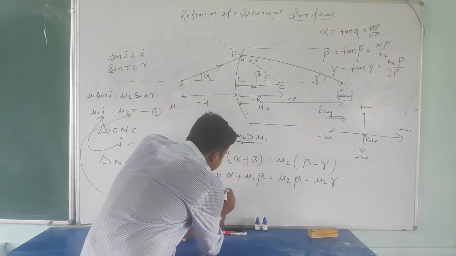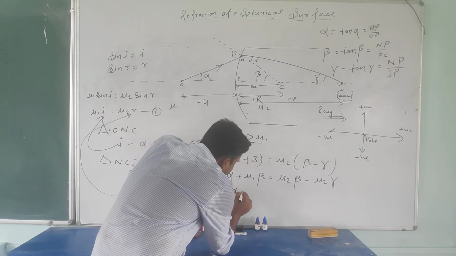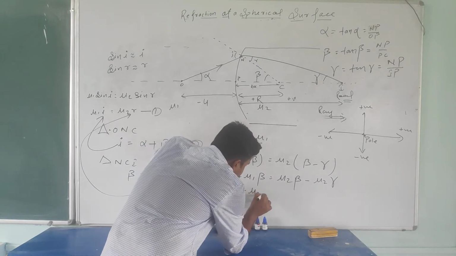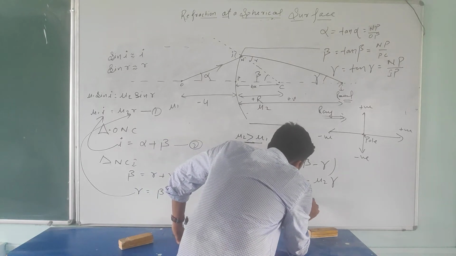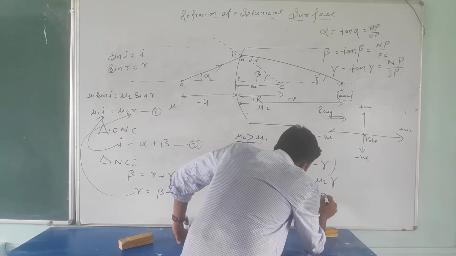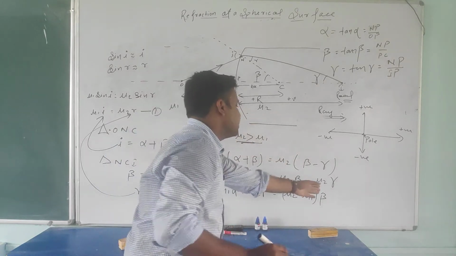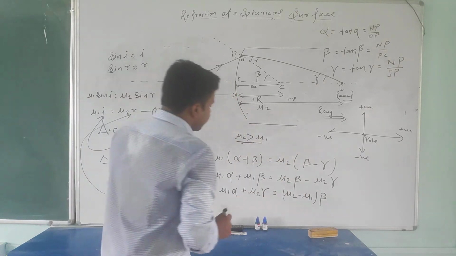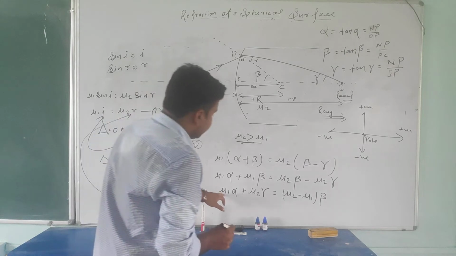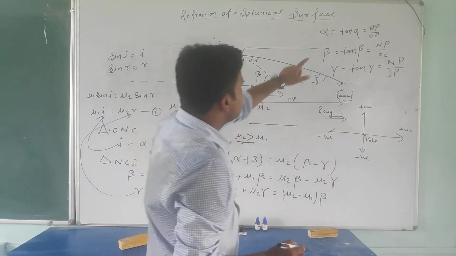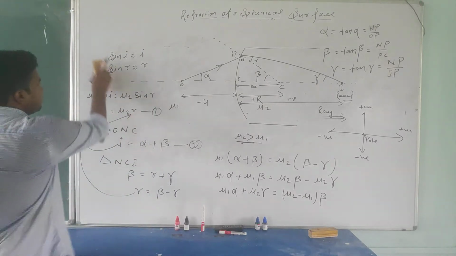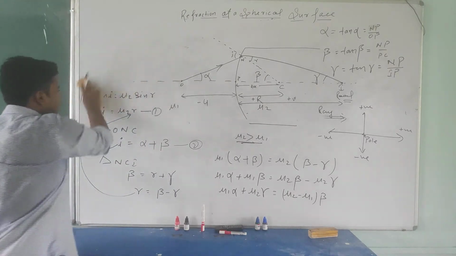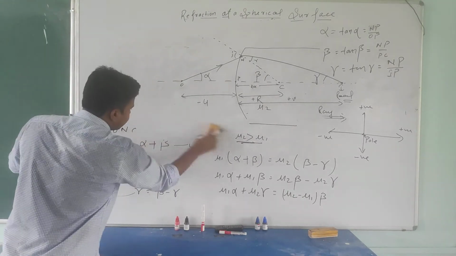So we can write here, mu1 alpha plus mu2 gamma is equal to (mu2 minus mu1) beta. So I have taken beta common here. Now student, I am erasing this part. You can pause the video and note down.